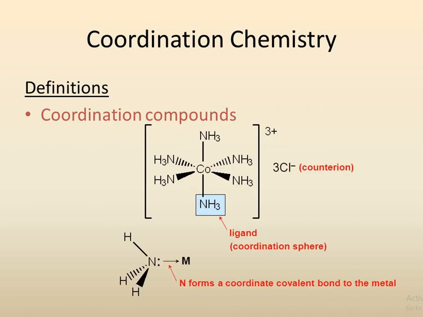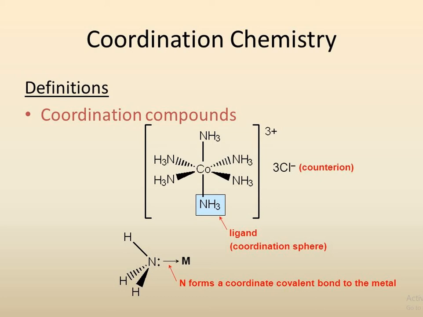You can see here one example of a coordination compound, where in the square bracket the central metal ion cobalt is surrounded by 6 ligands, and this is called the coordination sphere.